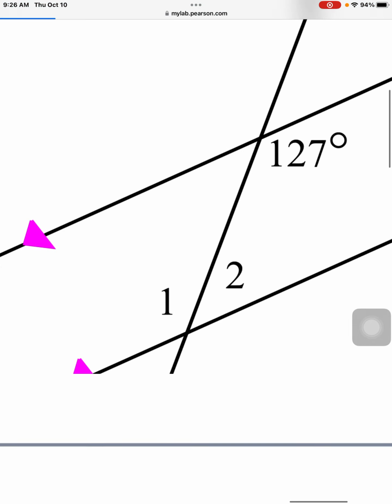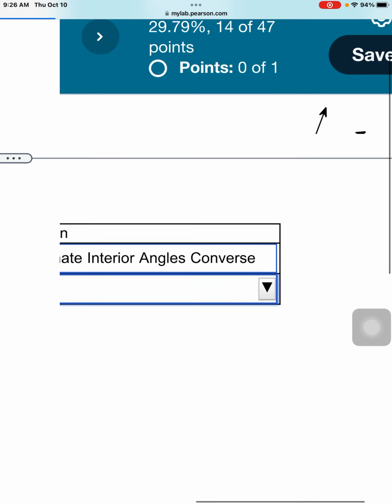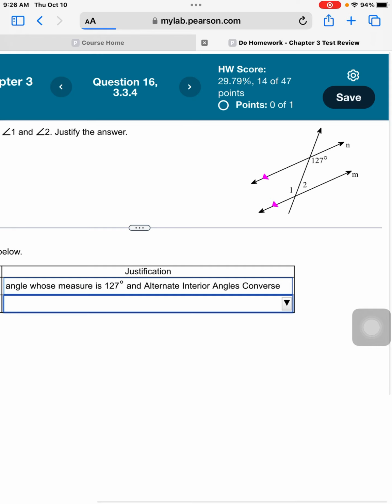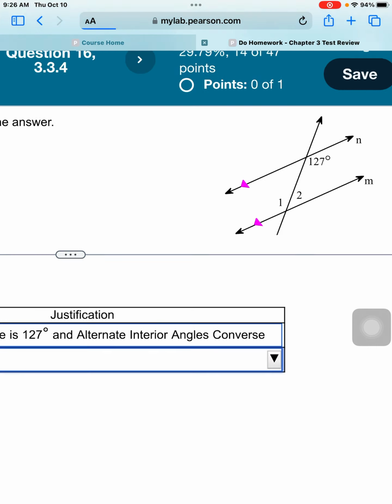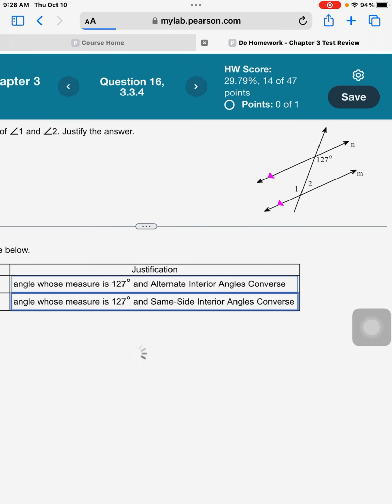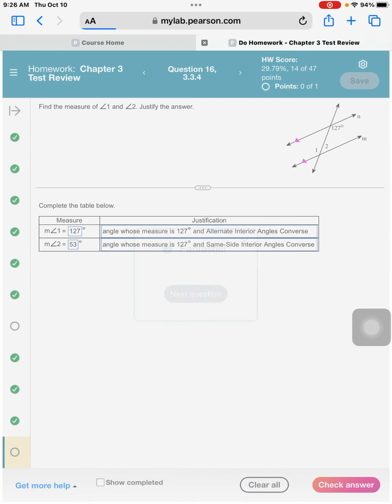So now we have to go through the perspective of the angle whose measure is 127. And we already determined that the answer for that has to be the angle whose measure is 127 and same side interior converse. Boom, right? Cool?